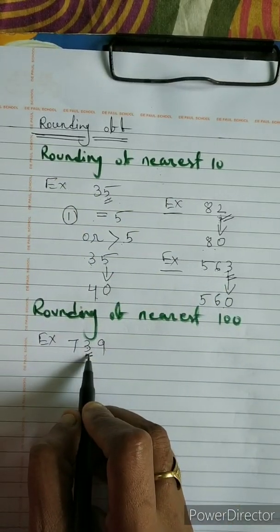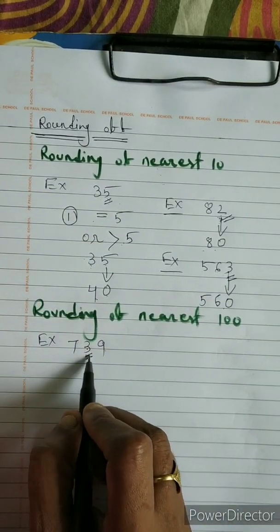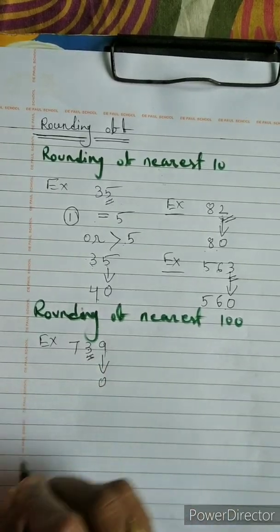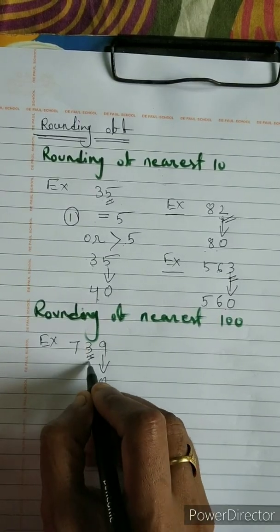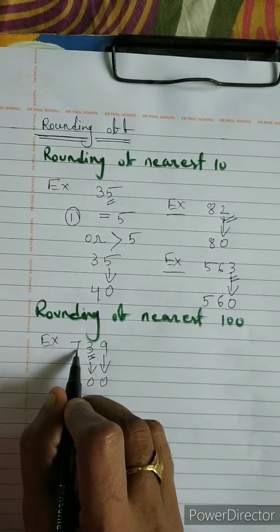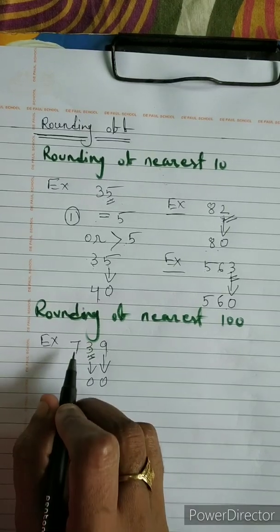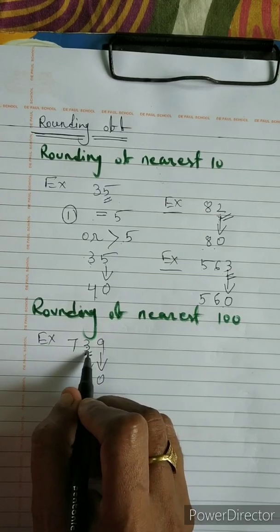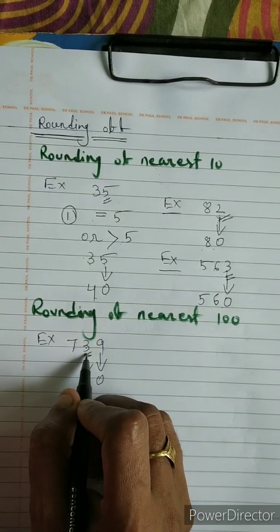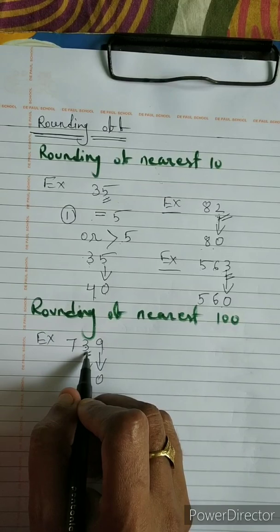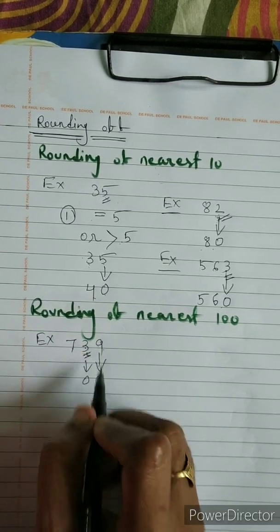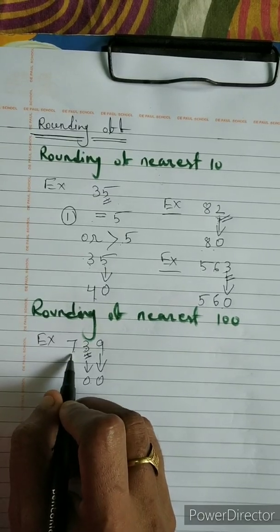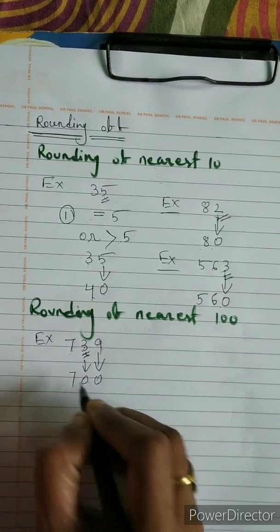If this digit is greater than or equal to 5, then the ones place becomes 0, the tens place becomes 0, and the hundreds place is increased by 1. But here 3 is less than 5, so the second case arises: if less than 5, then the ones place is 0, the tens place is 0, and the hundreds place will not change. So it is 700.